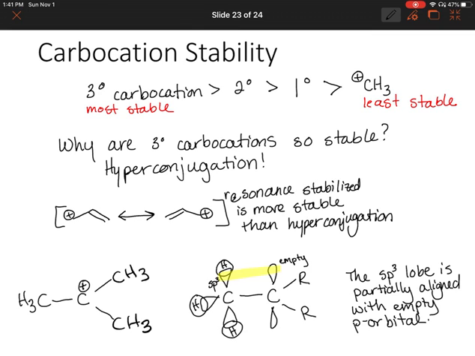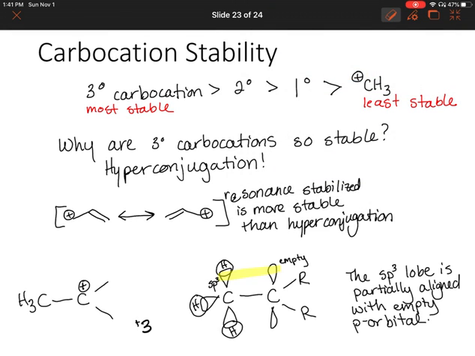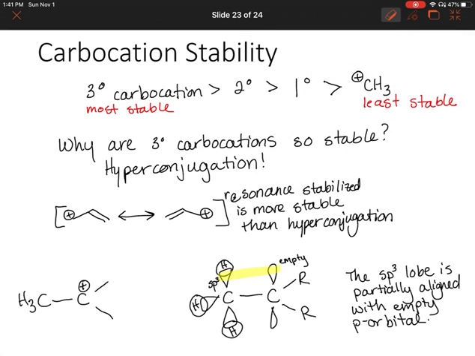However, if those two carbon or methyl groups, let's say, were hydrogens, so let's say those are H's, there's no hyperconjugation occurring between the positive carbon and those hydrogens. So this would be a primary carbocation, and this would not be as stable as something that has multiple sp3 hybridized carbons nearby.